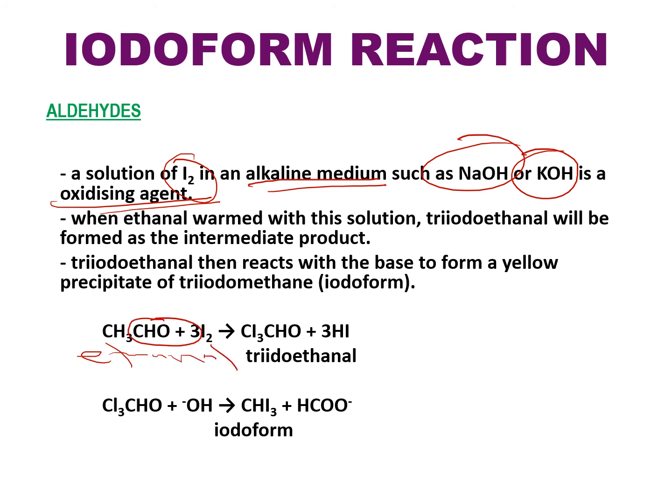Sebab ni aldehyde kan, react with iodine. So what gonna be happen? The hydrogen, okay, the hydrogen H3, okay, will be replaced by iodine. Okay, so we will form triiodoethanal. Triiodoethanal. Okay, yang hanya dia gantikan adalah tempat hydrogen, so dia akan jadi I3 plus with HI.